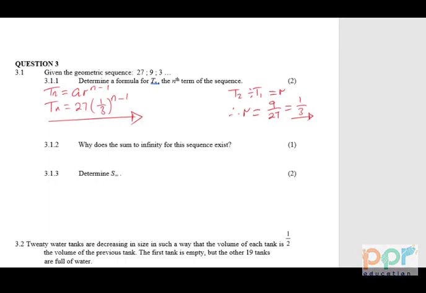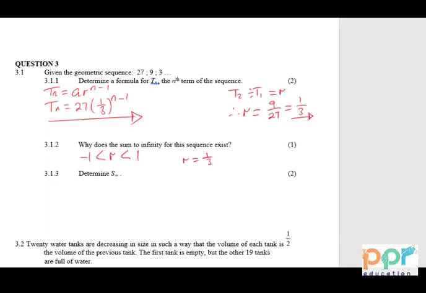Uma sibheke common ratio yethu 1 over 3, it's because the common ratio r is greater than negative 1 and less than positive 1. So if the common ratio is between negative 1 kuya 1, then sum to infinity of the sequence will exist because of the common ratio 1 over 3.